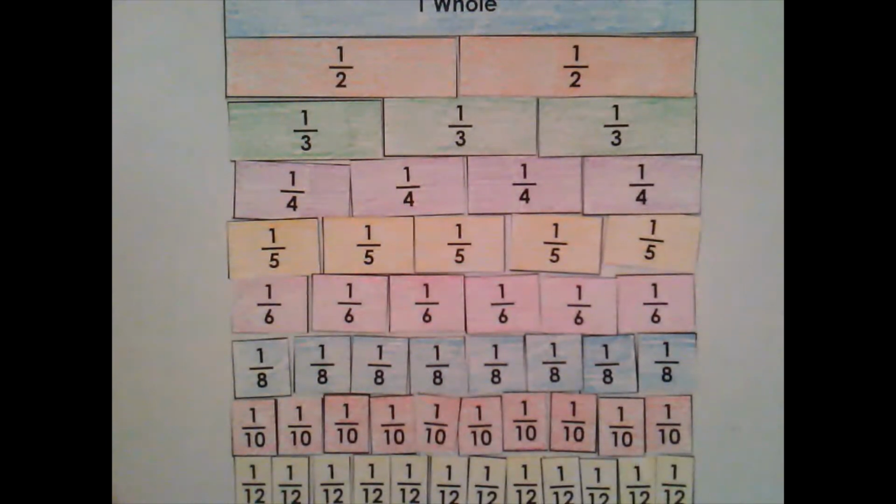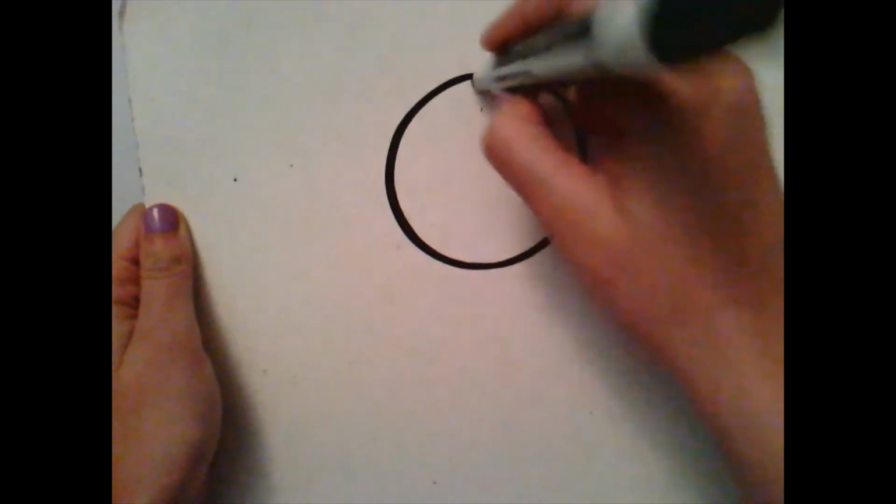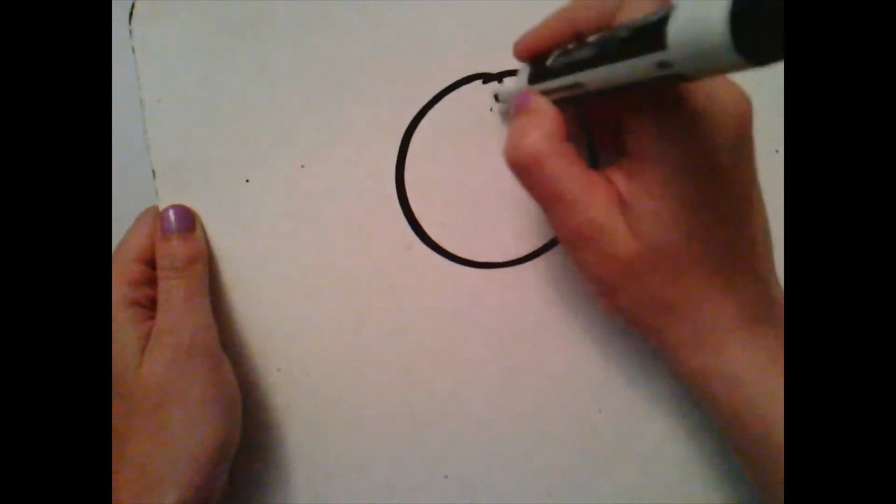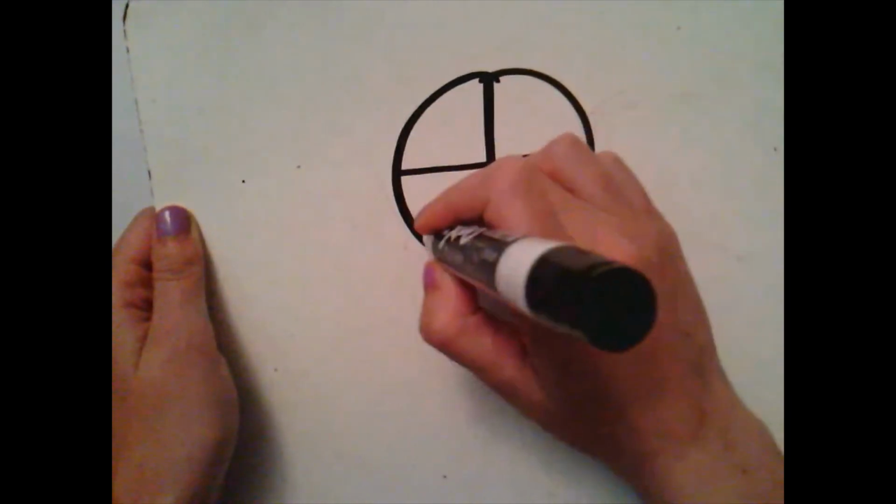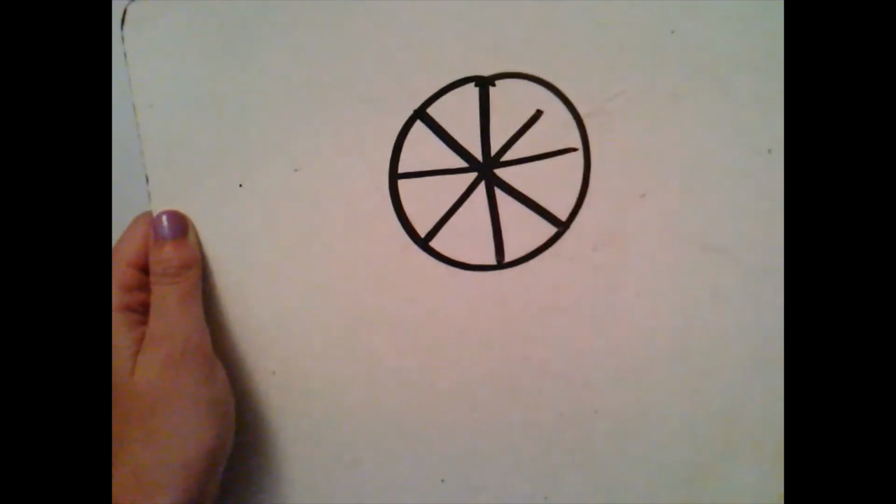Which in some ways you would think would be kind of backwards. But if you have a pizza, and I always relate fractions to pizza just because pizza is delicious. If we had a pizza and it was broken in, let's see how many pieces I can make in this thing. Oh, we'll just keep it like that.